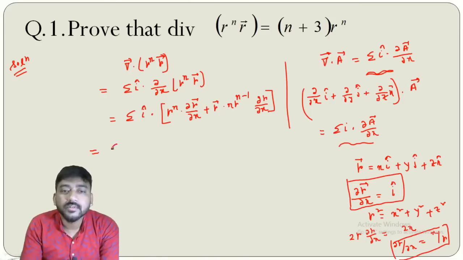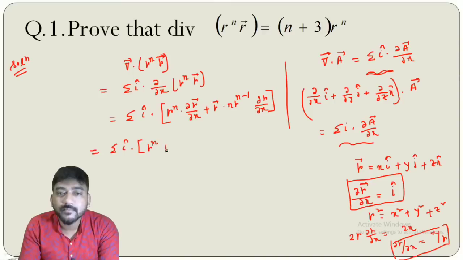So it will be summation i dot r to the power n, and del r vector del x is nothing but i cap, plus r vector into n r to the power n minus 1, and this del r del x is x by r.